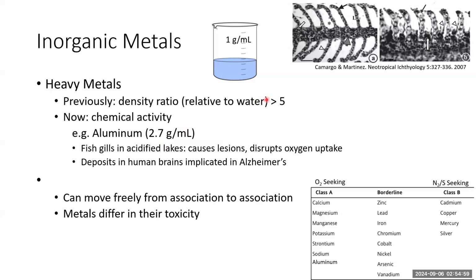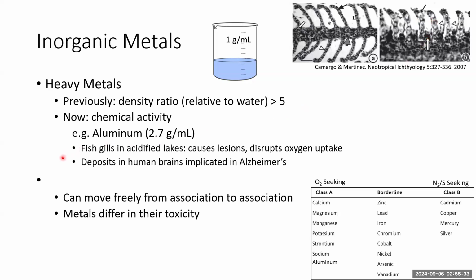And so here are some micrographs of fish gill. So here's a normal healthy fish gill. You can see that there's nice clean margins to the lamellae on that fish gill. And this one is damaged by aluminum. And you can see how the margins are much less clean. There's all these little pockets or holes in those lamellae. And that's negatively affecting this fish's ability to uptake oxygen through those gills.